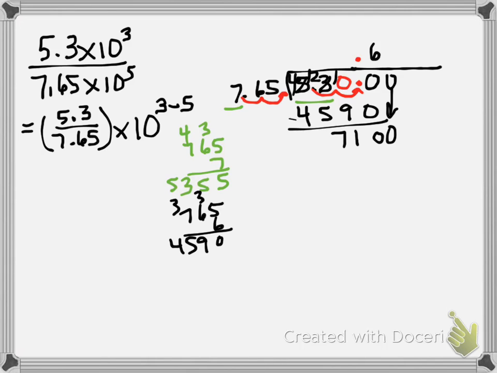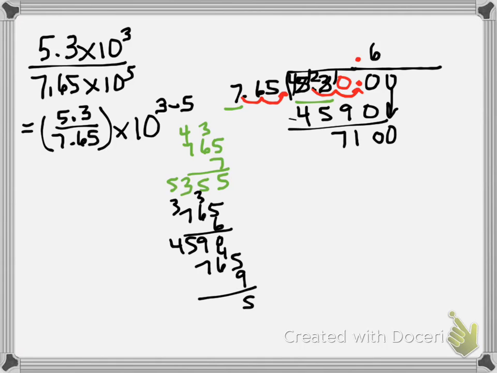Okay, so now I need to see how many times does 765 go into 7100. Well, 7 goes into 71 at most 9 times. I can't make it go into 10 times because I can only do 1 digit. So we're going to try 9. So we have 765 times 9. So that gives me 45.